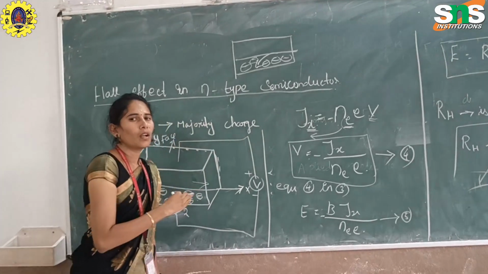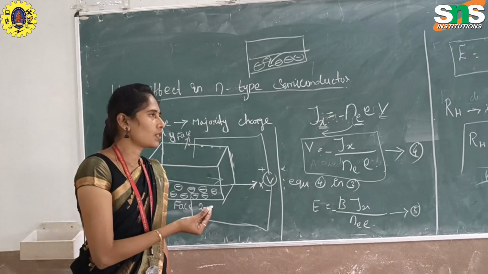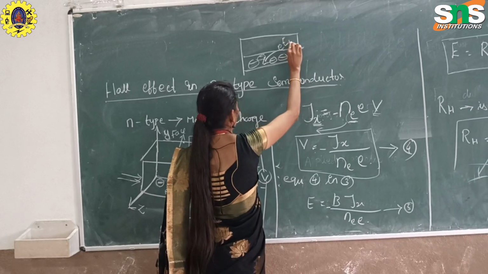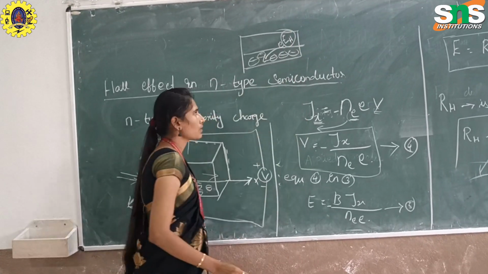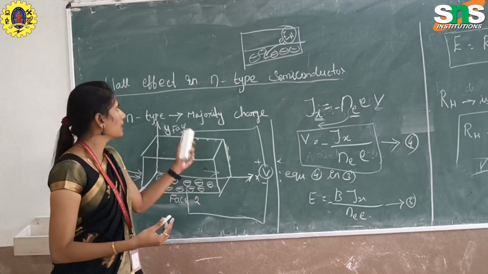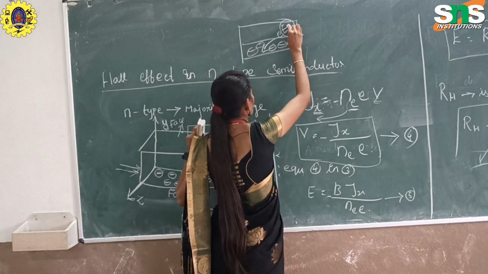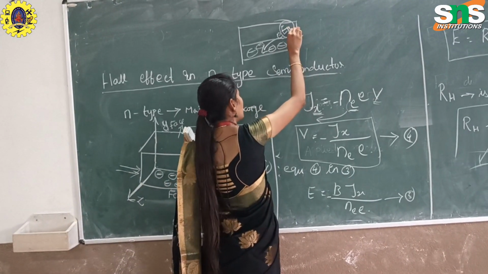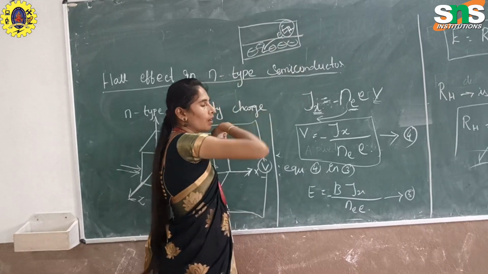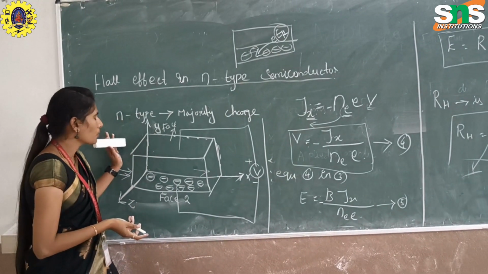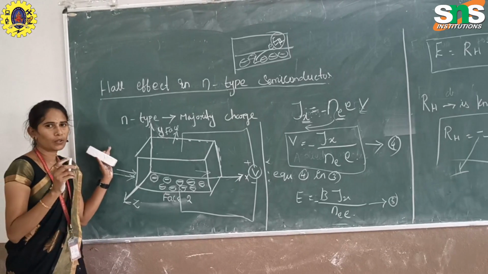In phase 2, it becomes negatively charged, so that is the force e into EH. In this case, EH is the Hall field. In this case, we talked about the Hall effect. The force due to the potential difference is e into EH.